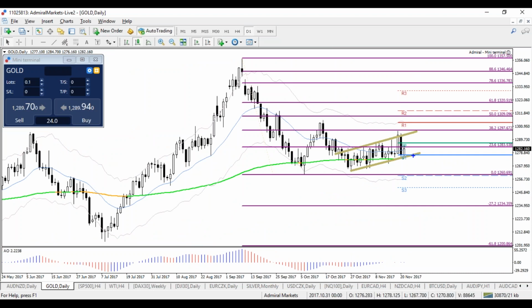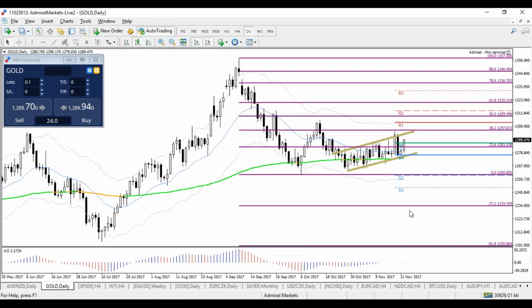I agree. I think this needs to be refreshed. Yes. I am bullish for this instrument up to these levels right in here. That's what I'm looking for.